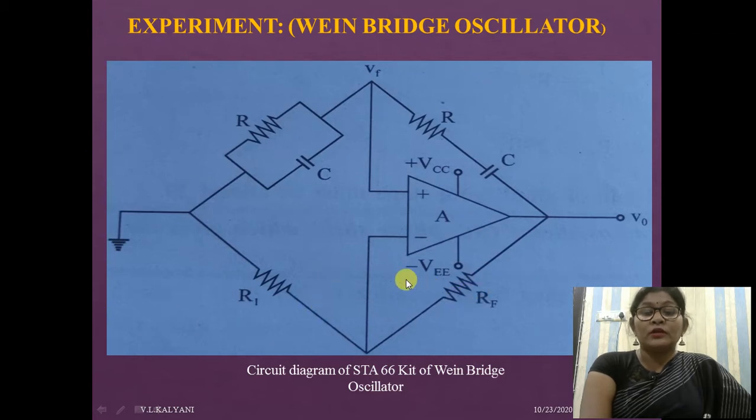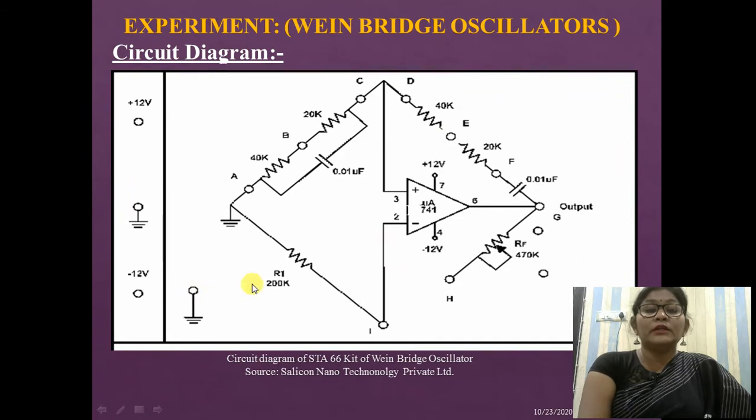So this is your Wien bridge oscillator. Here, this is the circuit diagram of the Wien bridge oscillator, so we will perform the experiment of this Wien bridge oscillator with the help of the circuitry.